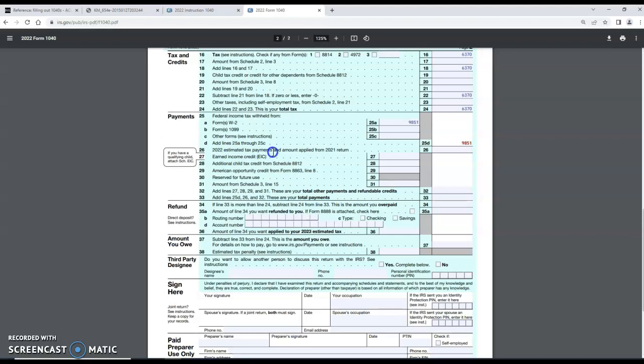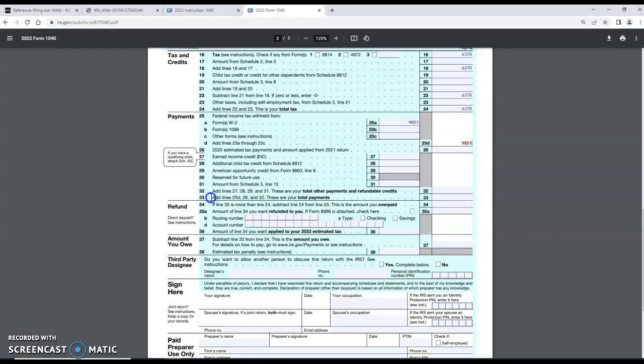He doesn't have that, so we just leave that blank. Lines 27 through 31 are what's known as refundable credits. And we will talk about those in the future.